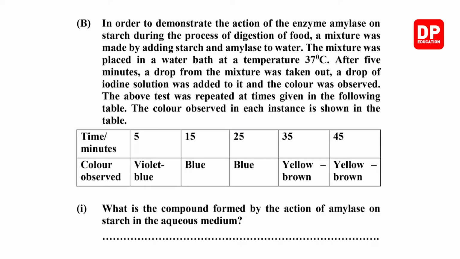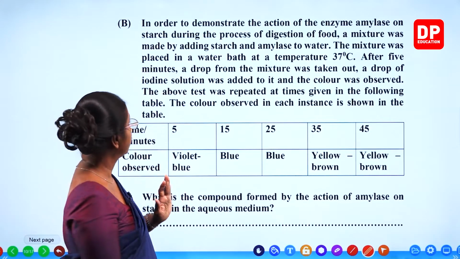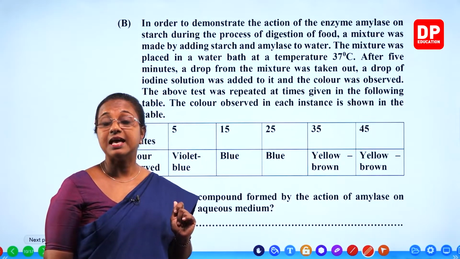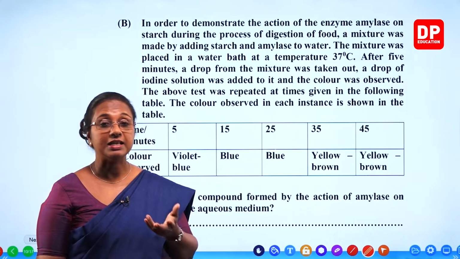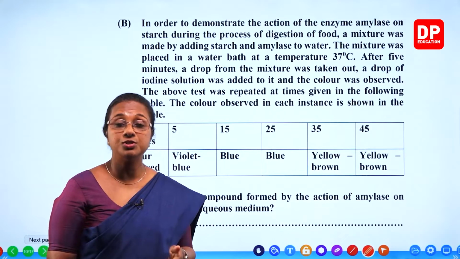So, I'll move on to the next question. The next part, that is part B. In order to demonstrate the action of the enzyme amylase on starch during the process of digestion of food, a mixture was made by adding starch and amylase to water. You all know starch is a polysaccharide made up of glucose units and amylase is an enzyme. Salivary amylase converts starch to maltose.